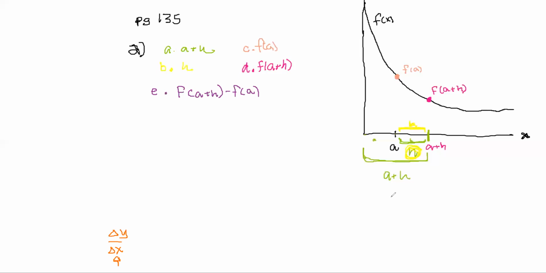Our delta x is going to be this variable h, and our delta y is going to be the change from this point to this point. So it's going to be f of A plus h minus f of A. So this is f of A plus h, this is f of A. Whatever the values are, you would subtract them. What I'm going to do is draw a line between them. Because it's the slope, no? Yeah.